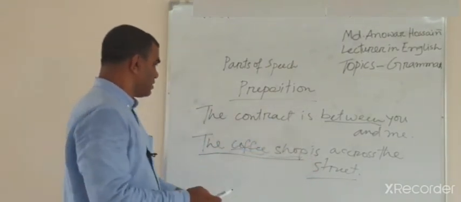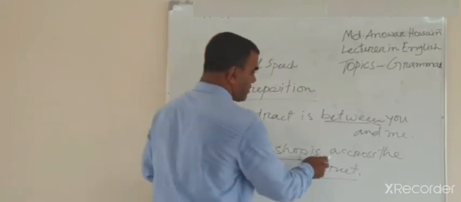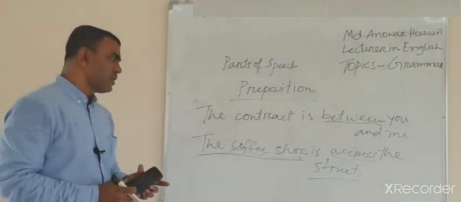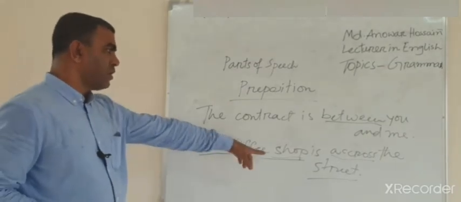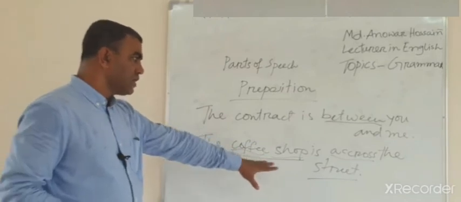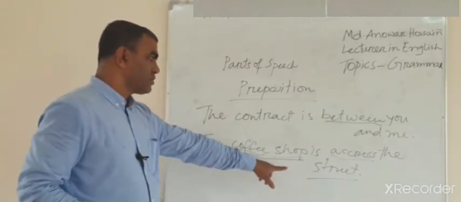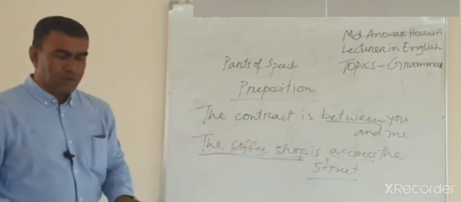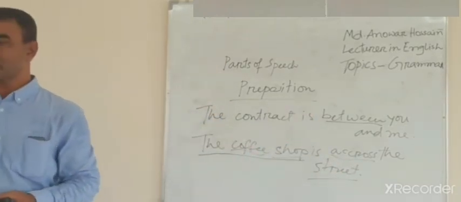Across is a preposition, and it shows the relationship of where the coffee shop is. It is across the street. There is a relation between the coffee shop and the street, and it is shown through across.